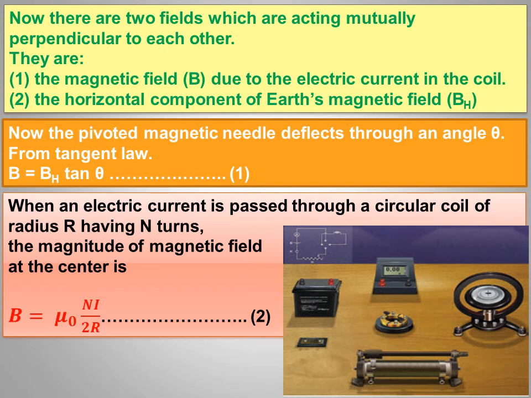When an electric current i is passed through a circular coil of radius r having N number of turns, the magnitude of magnetic field at the center is B equal to mu naught N i divided by 2r.